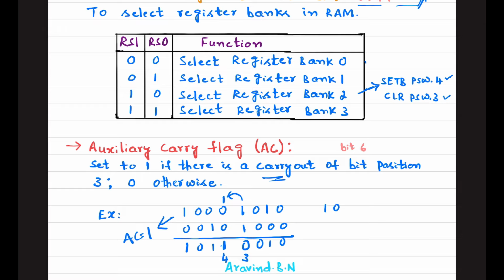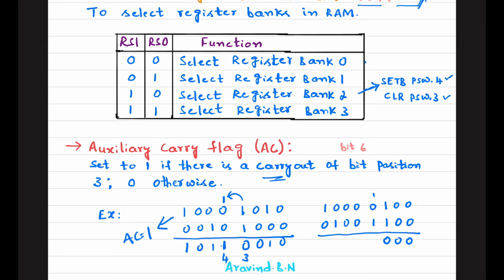1 0 0 0 0 1 0 0, 0 1 0 0 1 1 0 0. Add these two. So here it is 0 0, 1 1 0, it is 1. So again carry is generated.